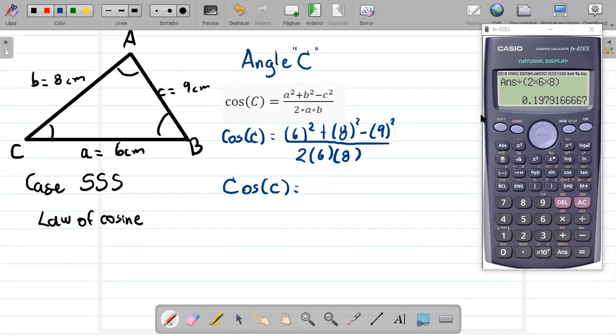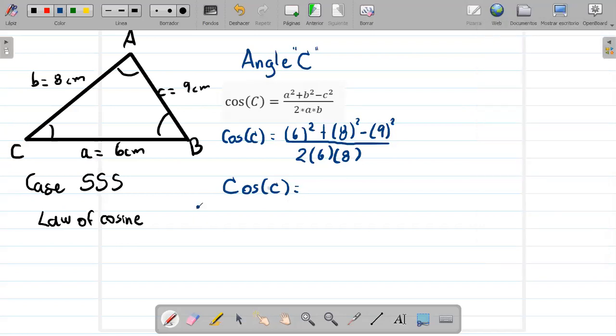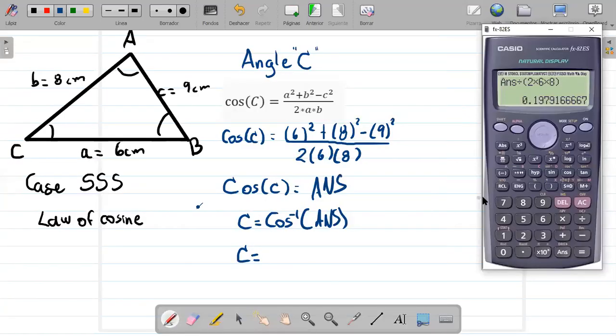I have to work with all the decimals here. The reason is I want the exact answer. That happens every time you're gonna use the cosine inverse or the sine inverse, okay? If you want a tip: that's gonna be equal to an answer. Okay, we're gonna apply the answer trick. Then cosine inverse of that answer will give us what we need, the measurement of angle C. So answer equal, there it is.